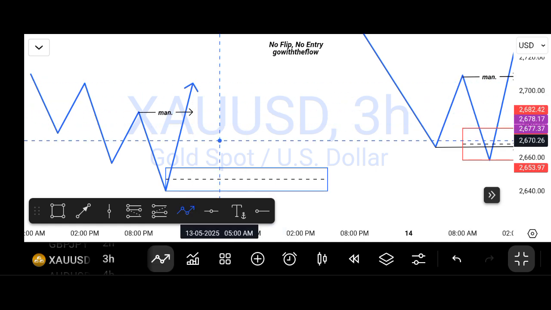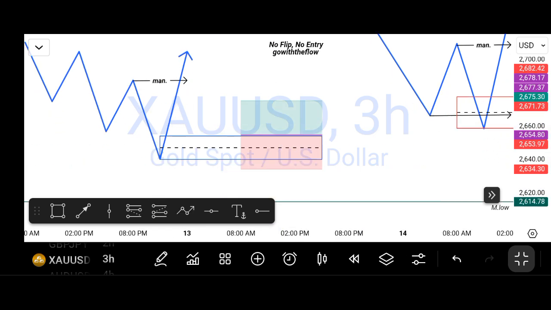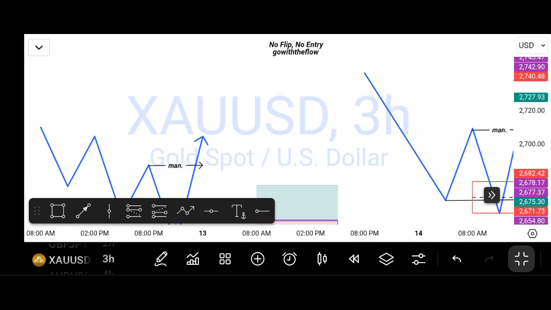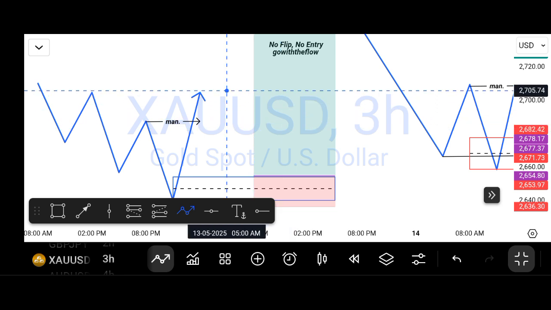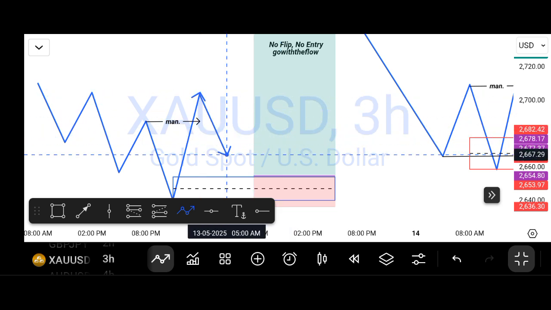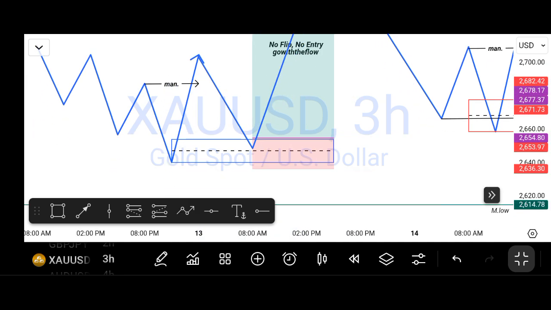You can just take your entry at the body of that engulfing candle and your stop loss just below the wick, and you target it. Most times, price might not give the second break, it might just come down, tap and then leave because there's an engulfing candle there.